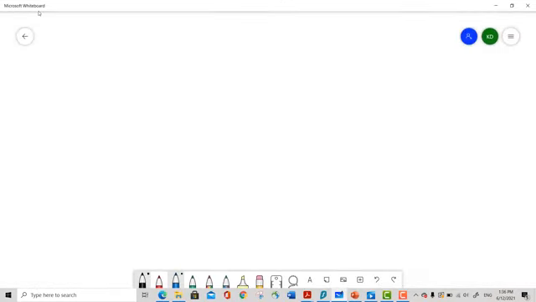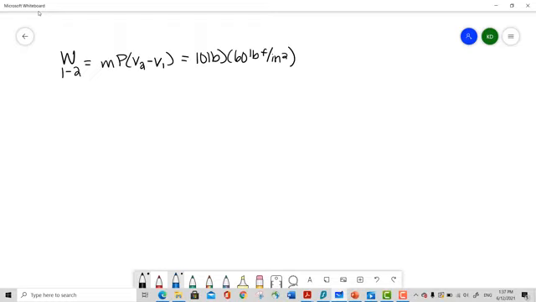Okay, so let's pull over our formula. P(V2 minus V1), we're just going to plug in 10 pound mass, 60 pound force per square inch. And we need to get this in homogeneous units, so times 144 inches squared over 1 foot squared.